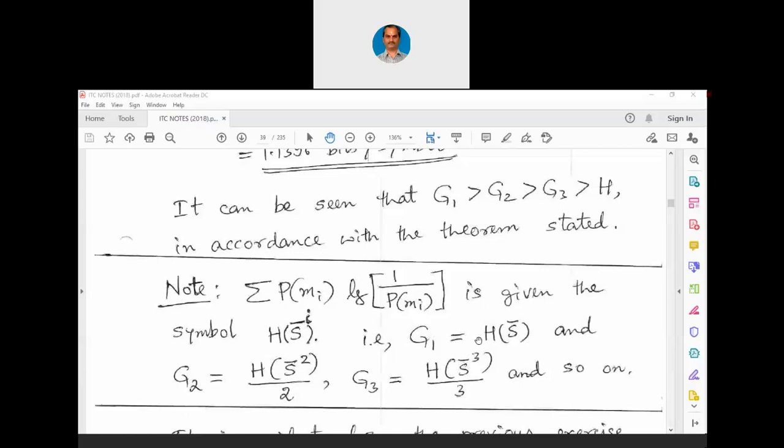So G1 is H of S bar to the power of 1 because it's a sequence containing a single symbol. G2 is H of S bar to the power of 2 divided by 2. Now don't think that this is S bar square. It is not S bar square. It is simply a notation. Now G3 is H of S bar to the power of 3 divided by 3.